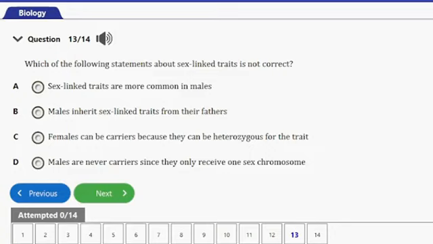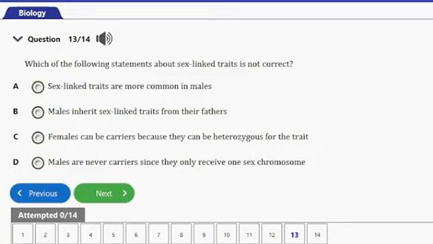C, females can be carriers because they can be heterozygous for the traits. D, males are never carriers since they only receive one sex chromosome. So guys, the correct answer to this question here is option B. Males inherit sex-linked traits from their fathers.